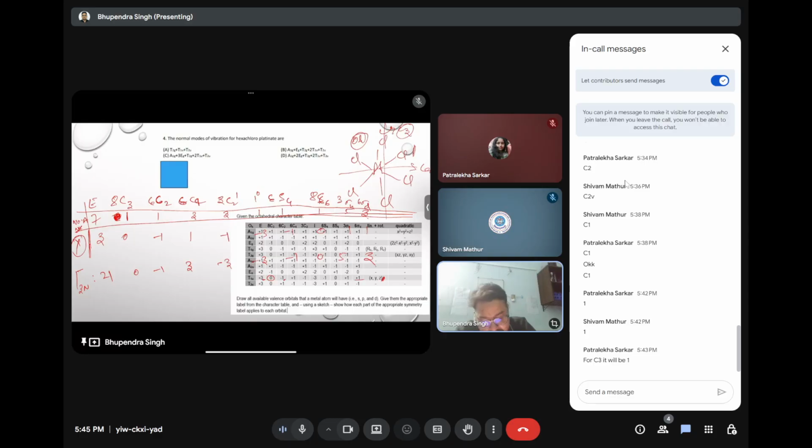If it is there, then these three are the possible answers. This will get eliminated. So let's solve for A1g.